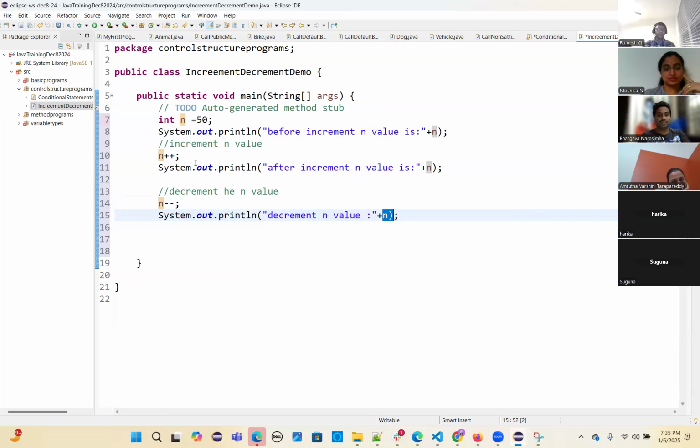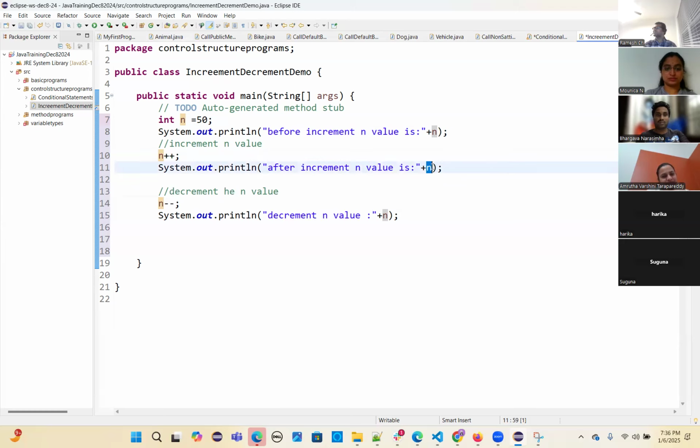Okay, see, I was telling here the n value is 50. Now here you are incrementing the n value, n plus plus. This is not an expression. If you are using an increment or decrement operator independently, not in an expression, it will increment automatically. So n is 50 here, 50 plus 1 is 51.